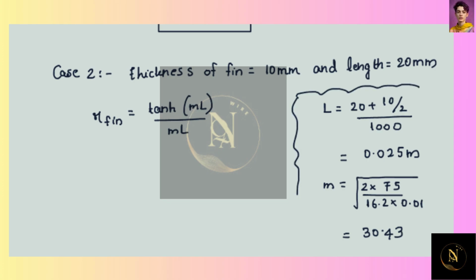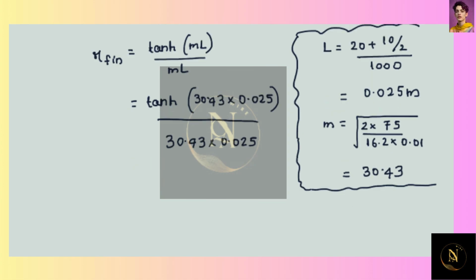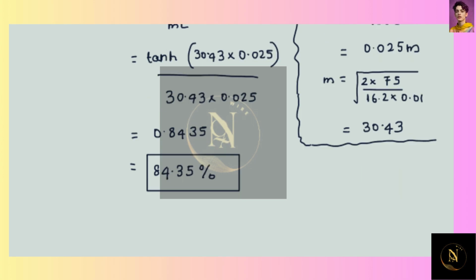Substituting the values, efficiency becomes tanh of 30.43 into 0.025 divided by 30.43 into 0.025. Upon solving we will get an efficiency value of 0.8435, or 84.35 percent, when thickness is equal to 10 mm.